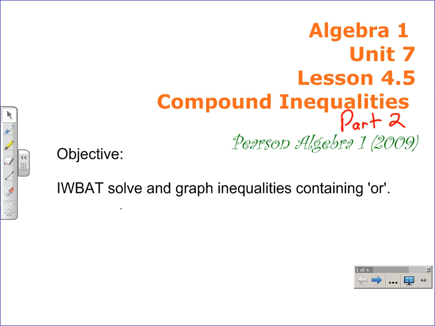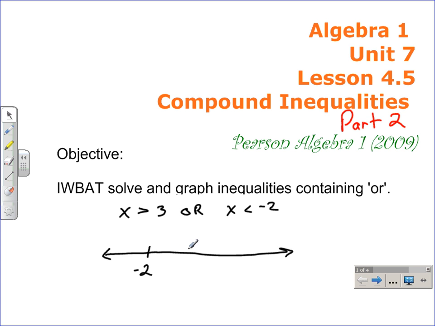If I gave you the inequality to graph, x is greater than 3 or x is less than -2, if we were to make a number line, we would put the -2 over here, the 0 would be right about here, and +3 would be right about here.